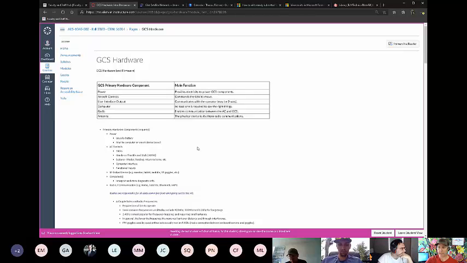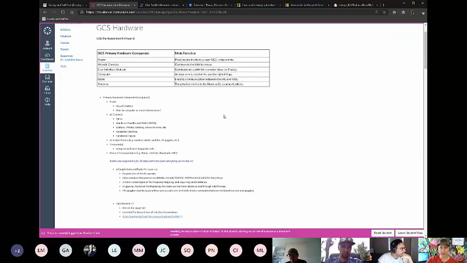All right, so let's dive in and take a more detailed look at each of these components. So our power is usually going to be battery power, but depending on what our GCS is, it could be a laptop, for example, or even a desktop computer if possible.